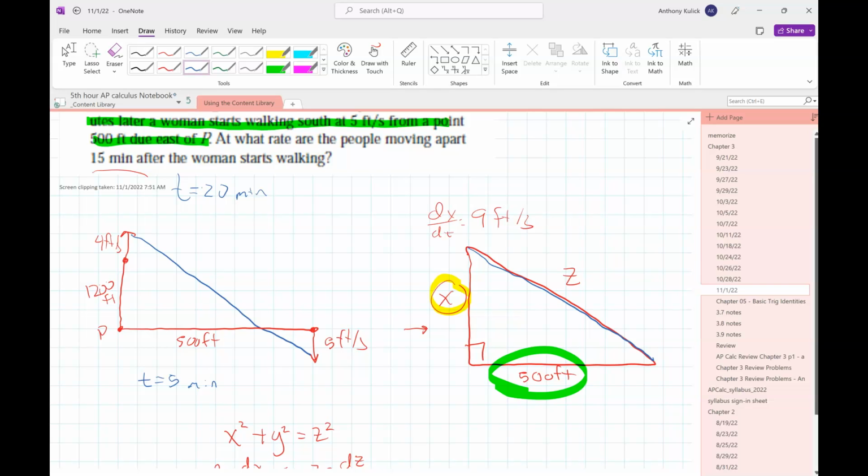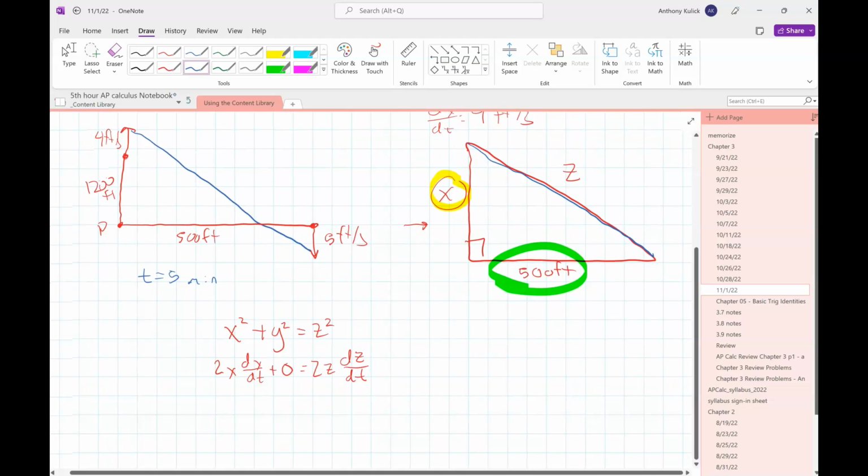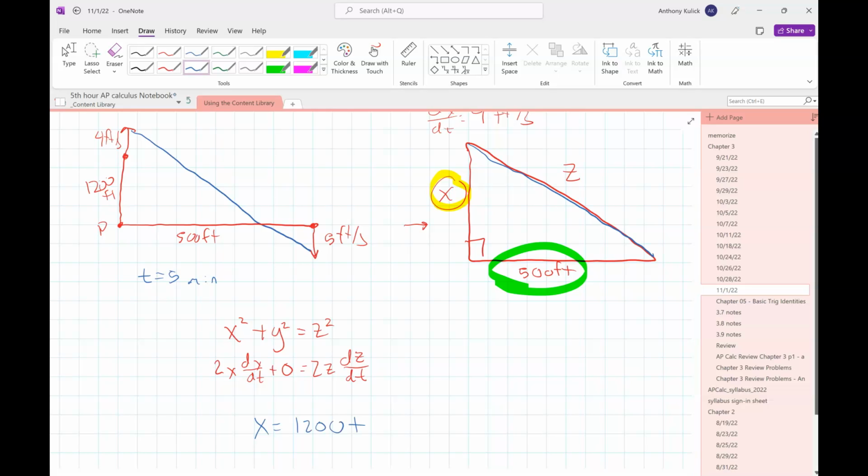So side x then is going to be the 1,200. That was the 5 minutes head start. And then we have 4 times 15 times 60, and then plus 5 times 15 times 60.